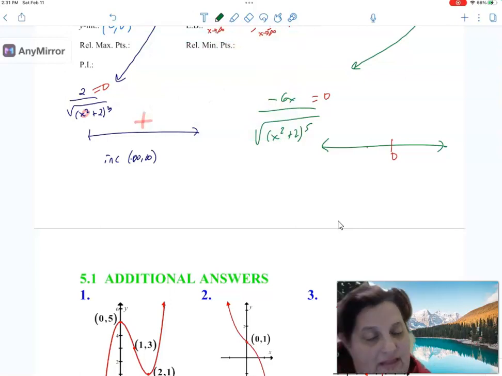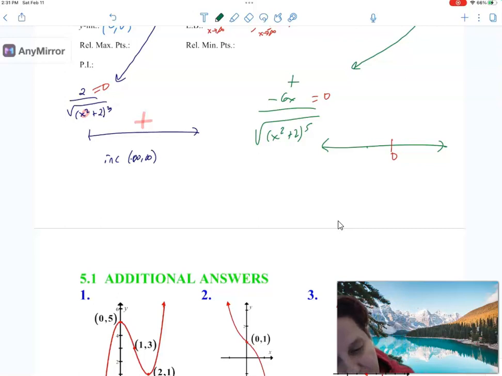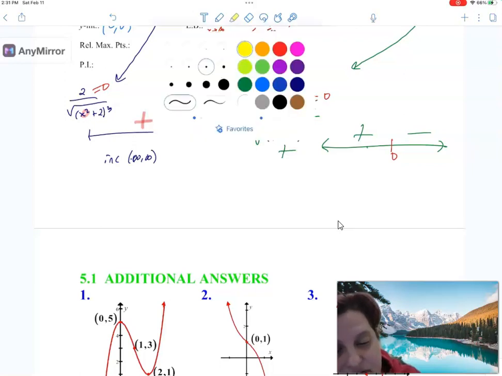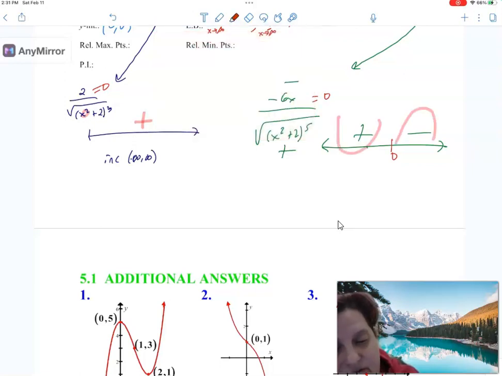If I plug in something less than 0, like negative 1, negative will be positive. Negative 1 squared plus 2 will be positive, so it's plus. If I plug in something like positive 1, negative 6 times positive 1 is negative, and positive 1 squared plus 2 is positive, so it's negative. So this goes concave up, concave down.